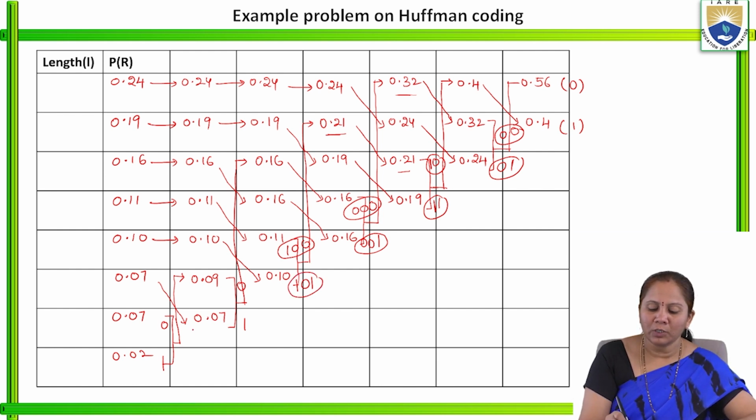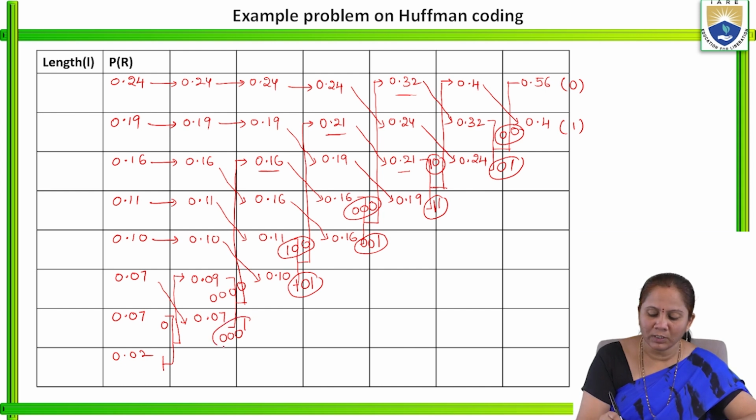And now 0.09, 0.07, if we add, we are getting 0.16. So its code value, if you follow this arrow mark, 0.16, we have 3 zeros. So the 3 zeros should be included there. So 1, 2, 3 and here 1, 2, 3.